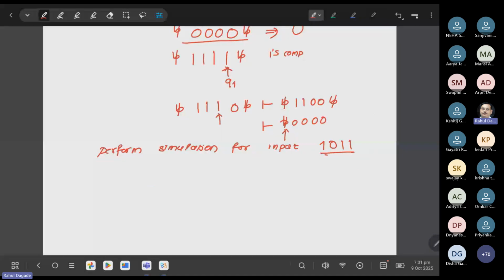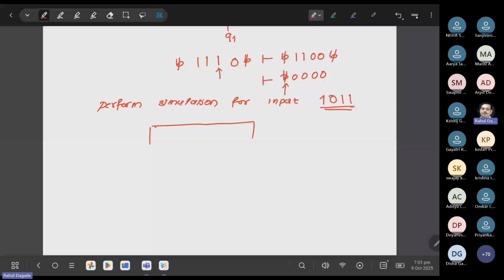So this is the input. Now how is it shown on the tape? First show on the tape: a blank, then 1011, and the end of input is blank, and the pointer is at the initial position.